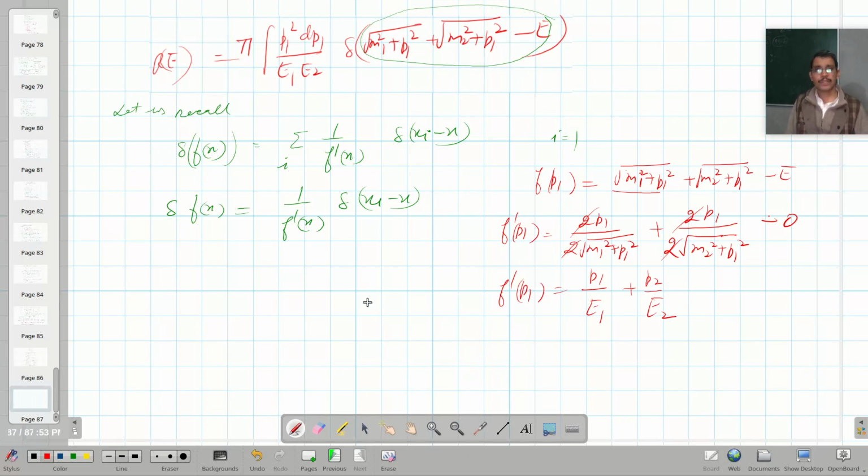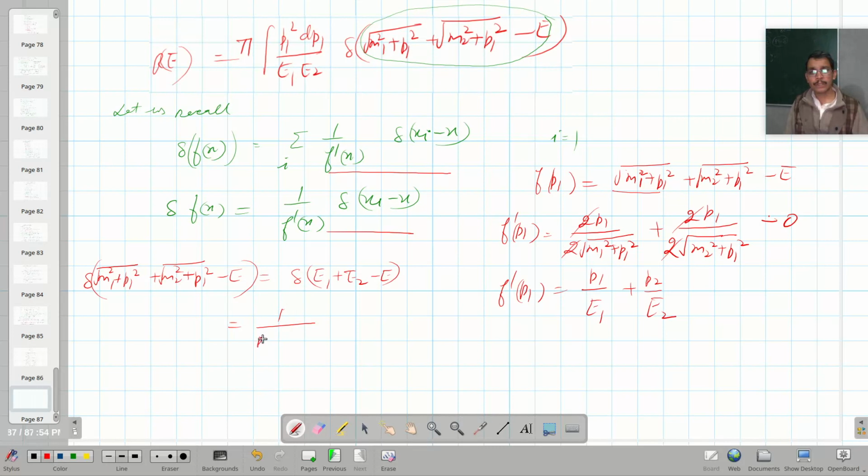So delta of square root of m1 square plus p1 square plus square root of m2 square plus p1 square minus e, which is delta of e1 plus e2 minus e, using this formula can be written as 1 upon p1 over e1 plus p2 over e2 times delta of p1 minus p.